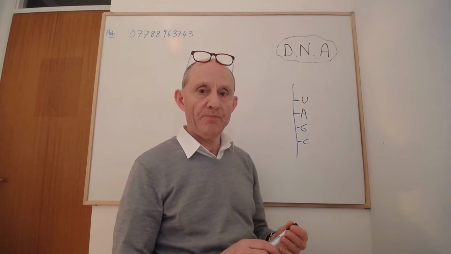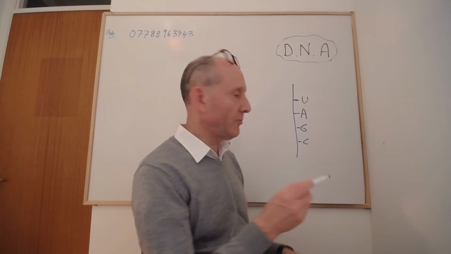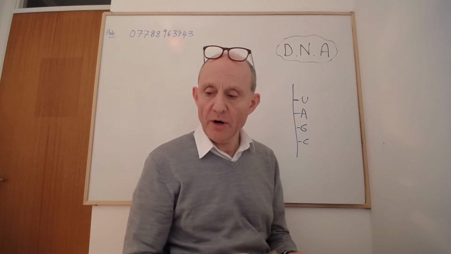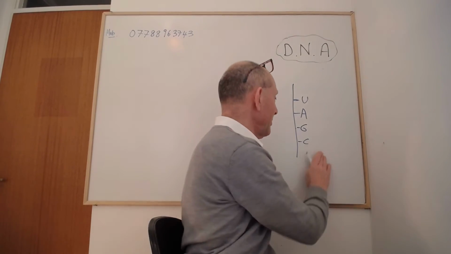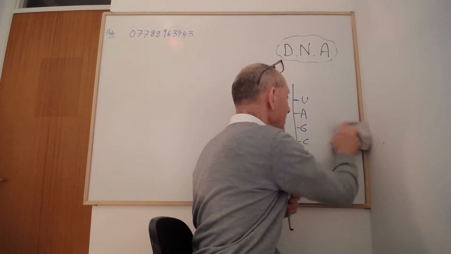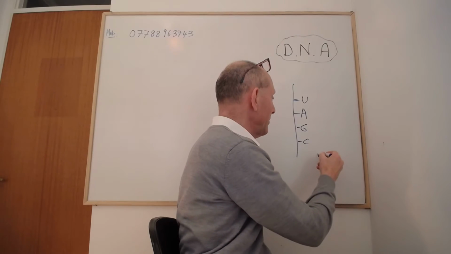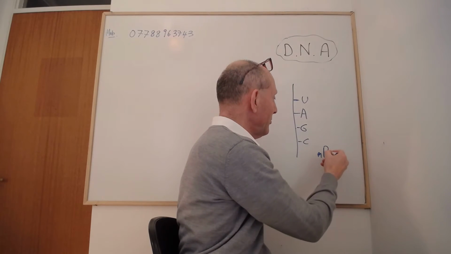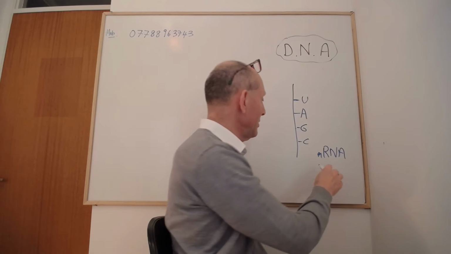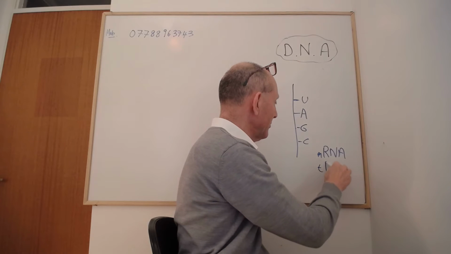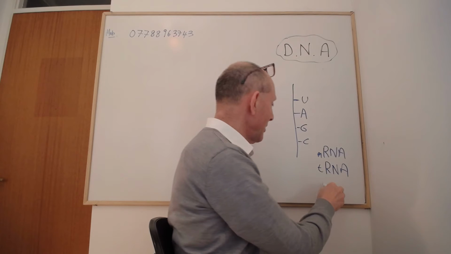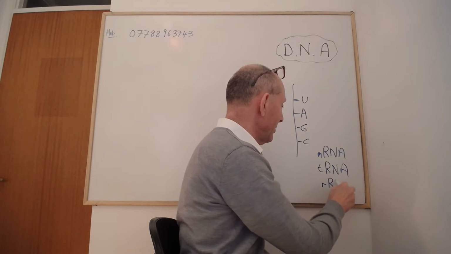The other thing with RNA is that there are 3 different types of it, referred to as messenger RNA, transfer RNA, and ribosomal RNA. So I'll just write those 3 down. The 3 types of RNA are messenger RNA, written with a small m, mRNA, and then transfer RNA, with a small t, tRNA, and lastly rRNA.